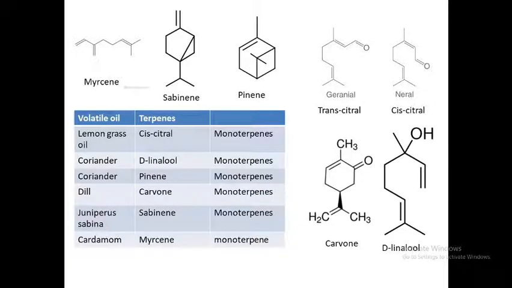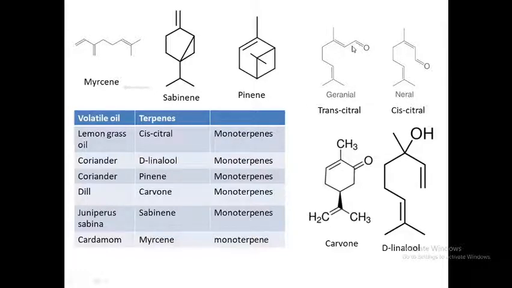Next, see the lemongrass oil. Lemongrass oil basically consists of citral, which is in cis configuration, cis citral. So cis citral is also known as neral, and this neral is an acyclic monoterpene, as you can see here, whereas the trans citral is also known as geranial, and the geranial is also an acyclic monoterpene.